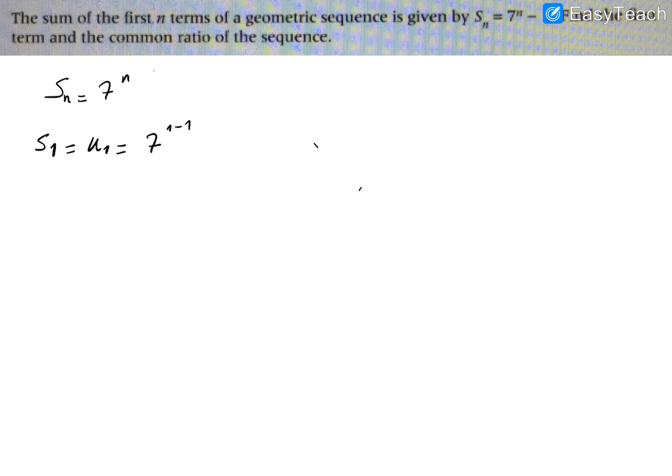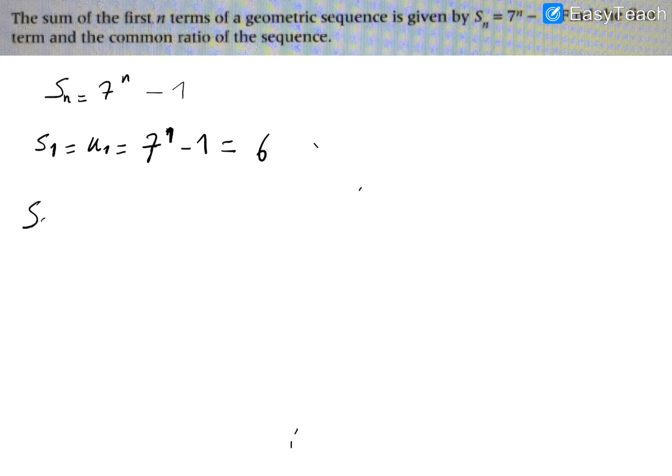Sorry, I put it down wrongly. So if n is 1, then I will put it down here, 1. So 7 power of 1 is 7. 7 minus 1 is 6. So my first term is 6.